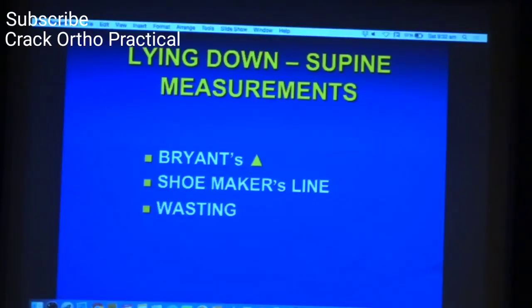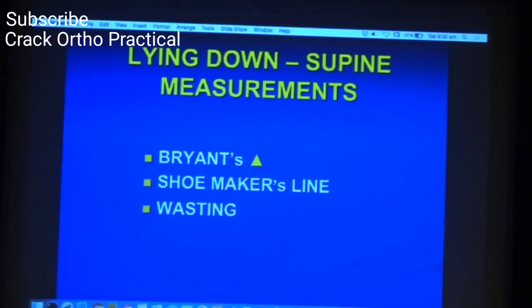And last but not the least, as far as measurements are concerned, the candidate did measure the thigh yesterday, and the only advice is that you should do these measurements in the bulky part of the thigh, which is about the middle third. Do not do it in the distal thigh too far distally, and you need to take an identical point for circumferential measurement from a bony landmark.